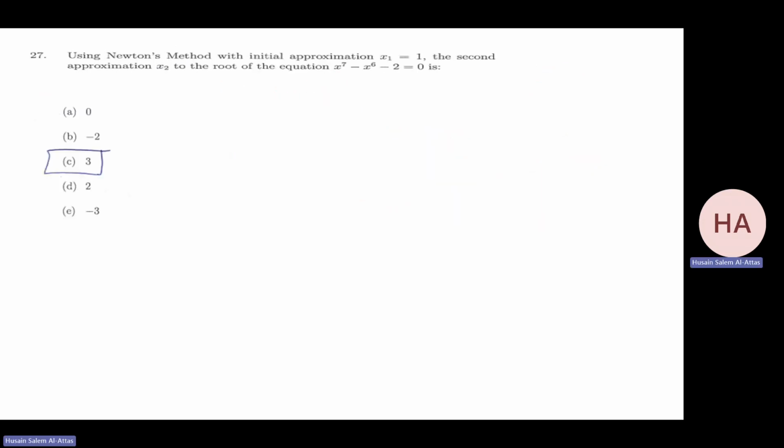Using this method to find the second approximation to the root of this equation. So f of x is x to the power 7 minus x to the power 6 minus 2. f prime is 7x to the power 6 minus 6x to the power 5.